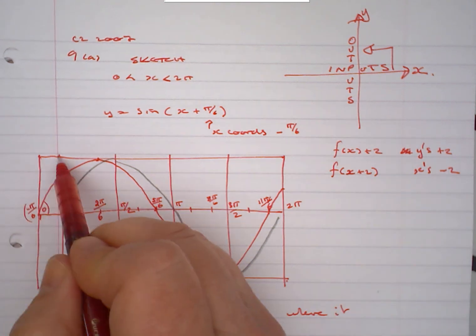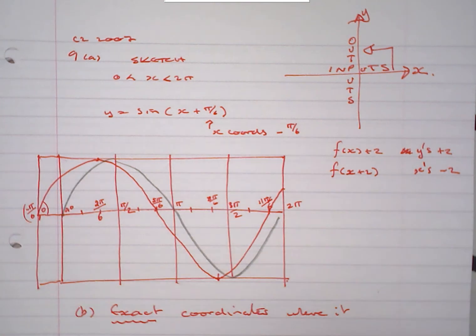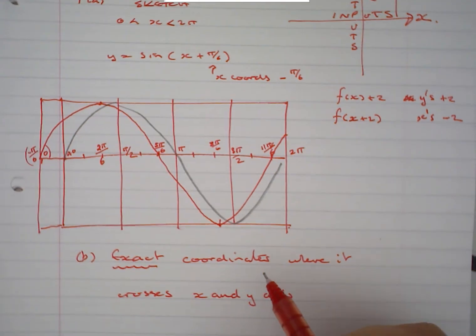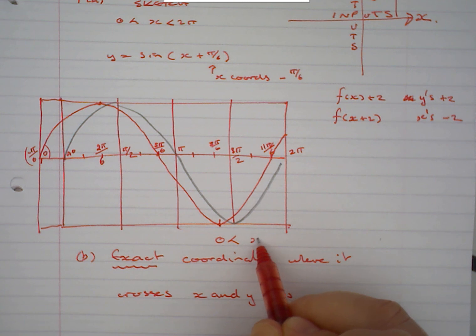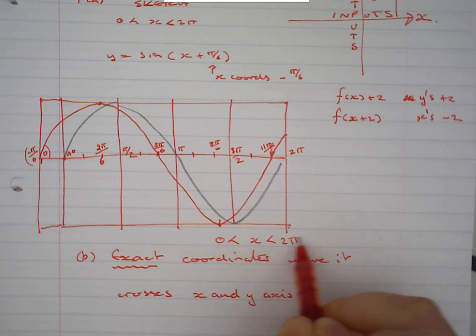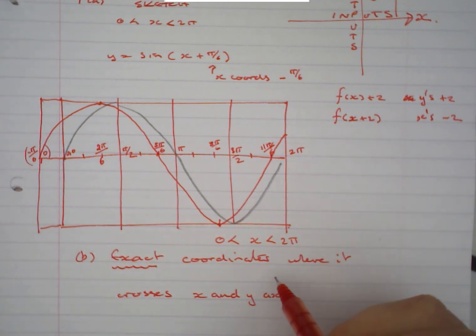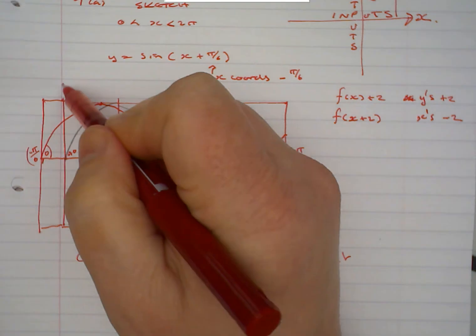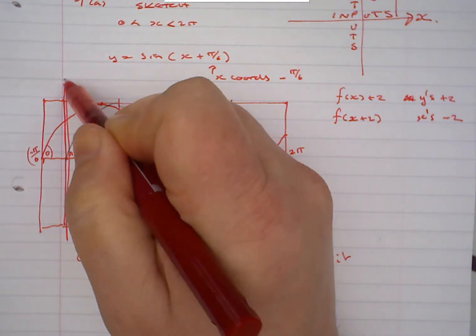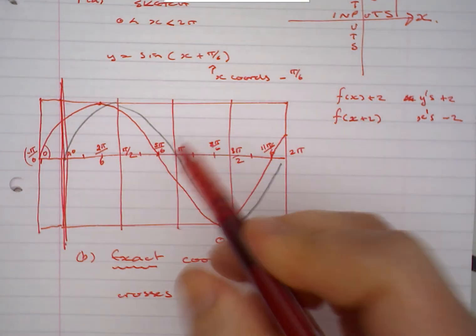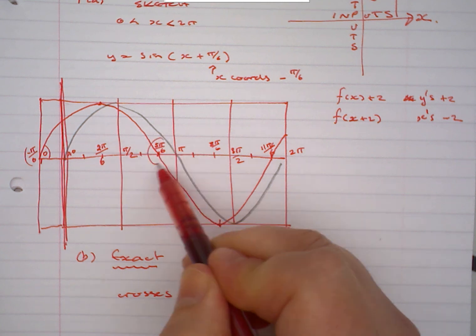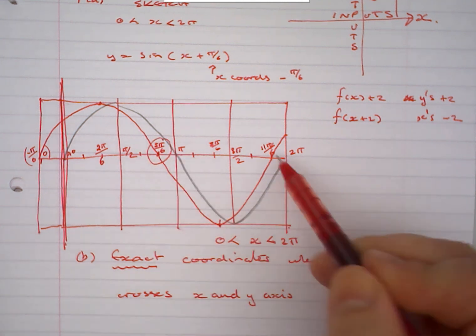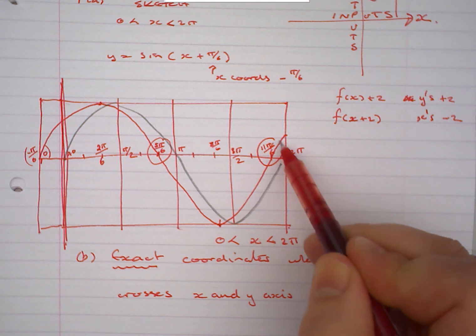I need to connect that up. But they wanted the exact coordinates between 0 and 2 pi, where this thing hits the x-axis. Well, here's the 0 line here. So just looking at the x-coordinates to start with, you can see that it hits the x-axis at 5 pi over 6, and it hits here at 11 pi over 6.